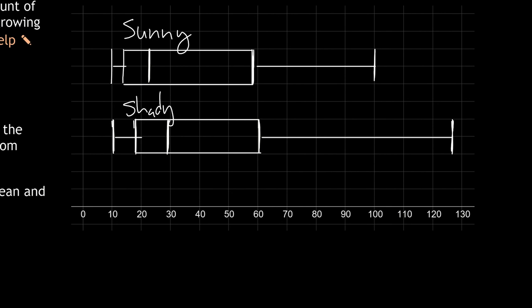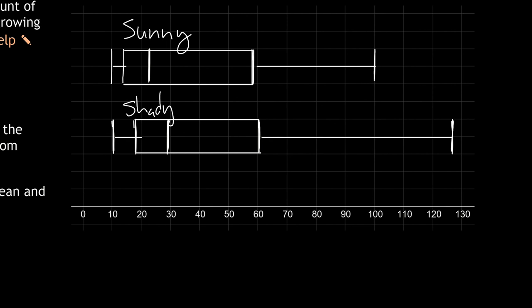Half of the trees were growing 30 or more bushels. Half were growing less for the shady trees. For the sunny trees, 22. Half were growing 22 or more for that.